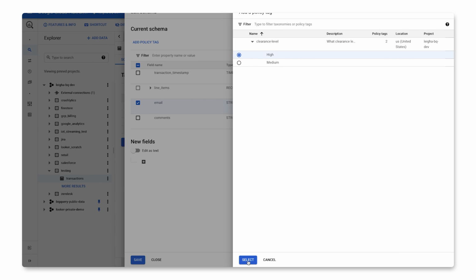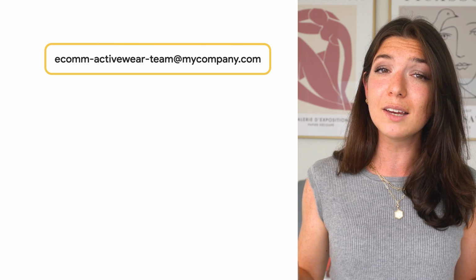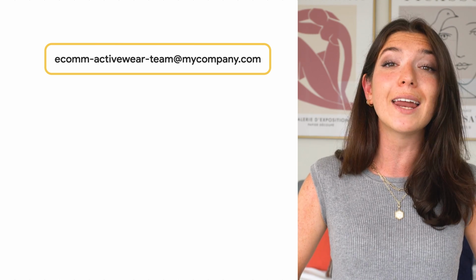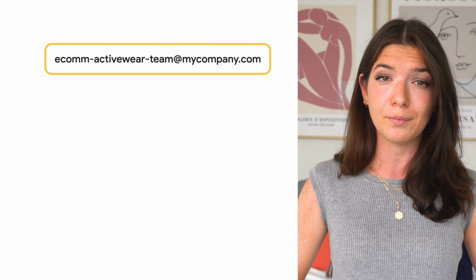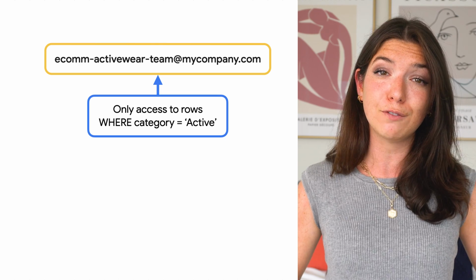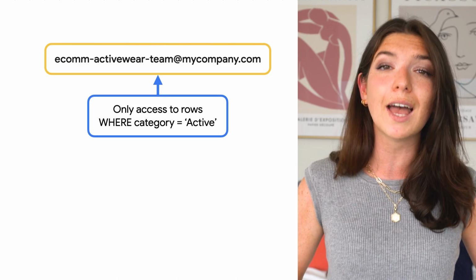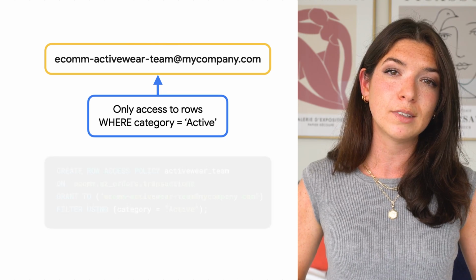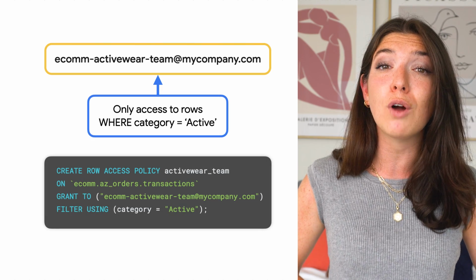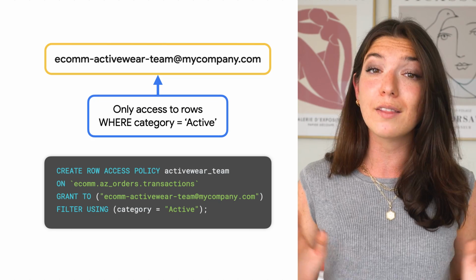Next, we can apply these as policy tags to columns in our BigQuery table, marking the columns with PII as highly sensitive. And to take it one step further, maybe you don't want all e-commerce folks to get access to the transactions data. Instead, each analyst should only be able to view transactions for the product category they work on. You can control access to specific rows in BigQuery using a row-level access policy, like the one we're showing here.